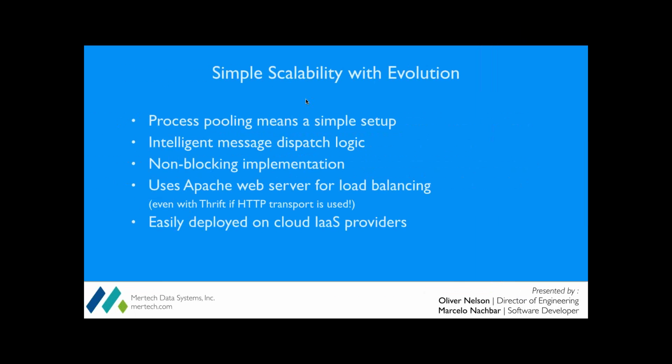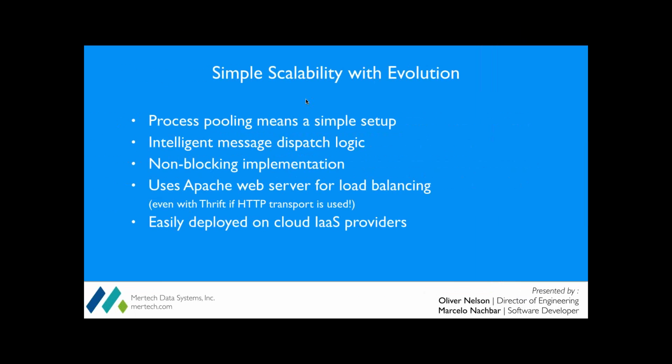Next up, we're going to quickly talk about the scalability of Evolution. We have a process-based application pool that has a multi-threaded intelligent message dispatcher managing not only incoming requests, but also the lifetime of processes for you. So it makes Evolution very scalable. We have a non-blocking implementation.